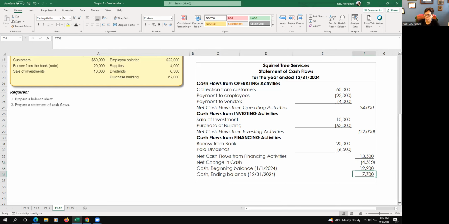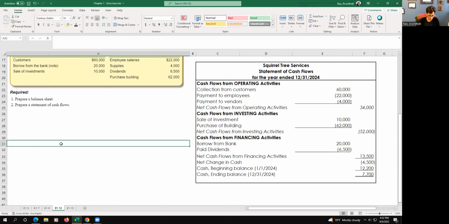Once again, I calculated the 4,500. Operating, investing, and financing activities put together gave me a negative 4,500. I know the 7,700. Therefore, I plug in this number, which means I just calculate the number. Once again, let me write that down over here.